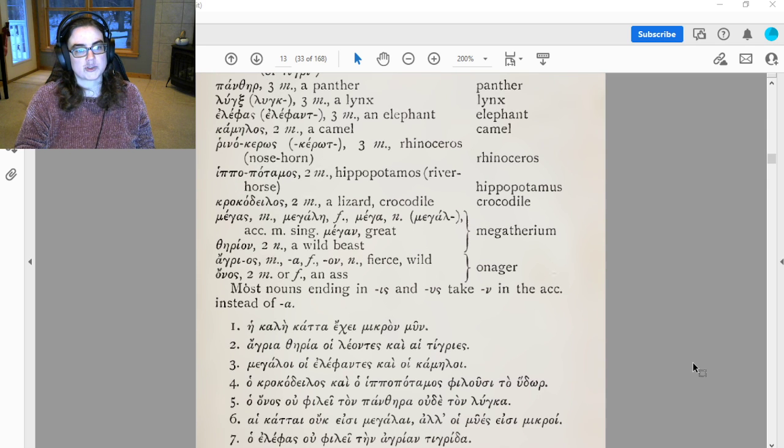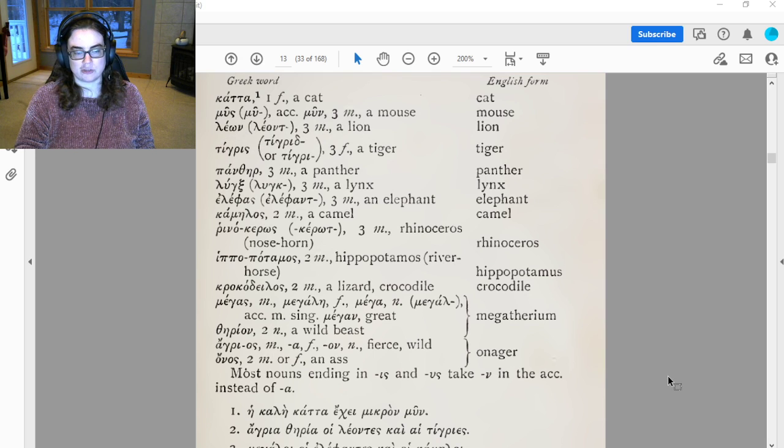All right. Most nouns ending in -is take -n in the accusative instead of alpha. I like how sometimes I'm using the Latin pronunciation for the letters and sometimes the Greek. Classic. Yes, that makes sense.